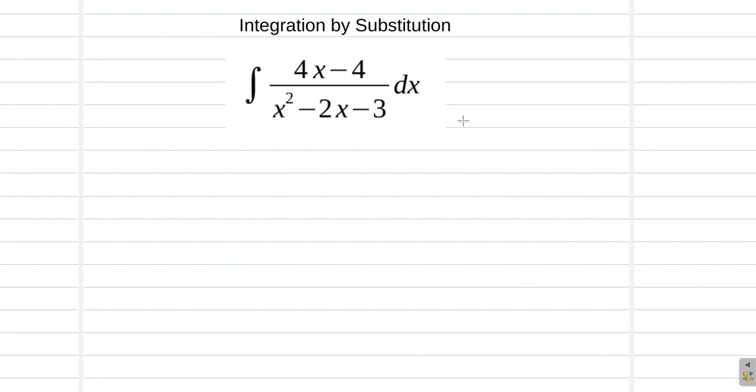This particular type of question is one that is in the form integral of f prime x over f of x dx, right? Now, let me make up one that is somewhat similar to it.